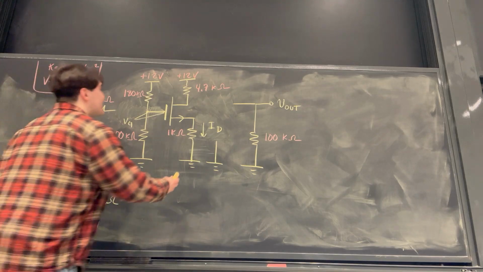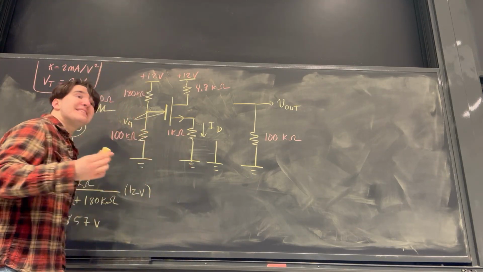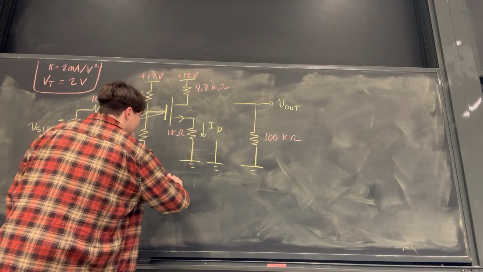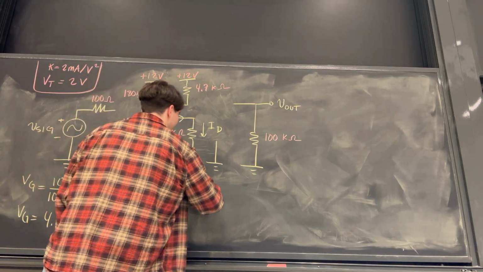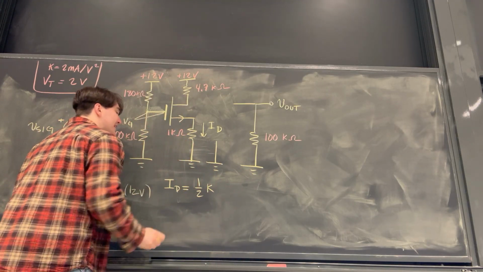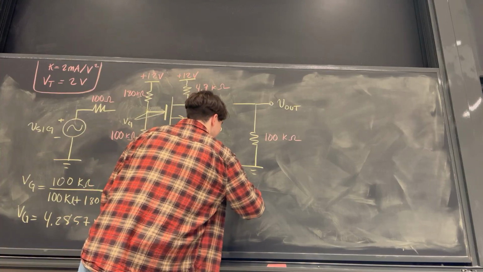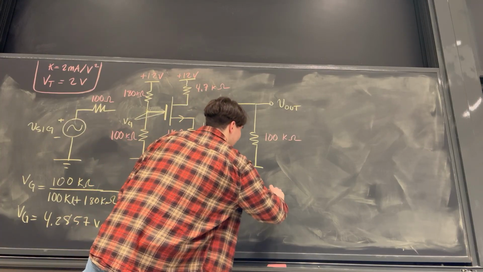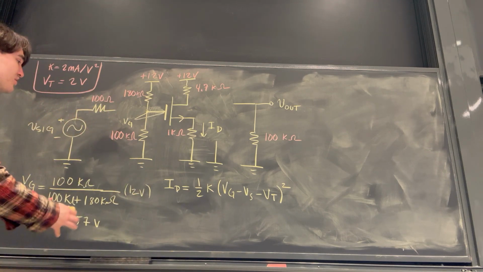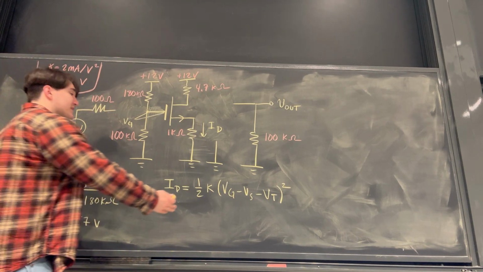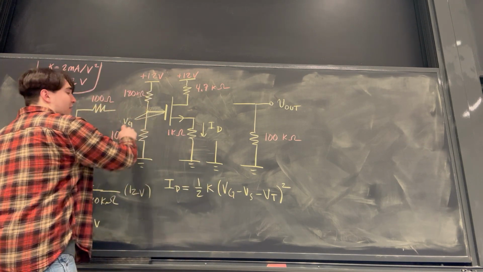If we assume that this MOSFET is operating in the saturation regime, then we know that the current through the MOSFET is given by the following equation: ID equals 1/2 K times (VG minus VS minus VT) all squared. Here, VG is the voltage at the gate, which we just found.